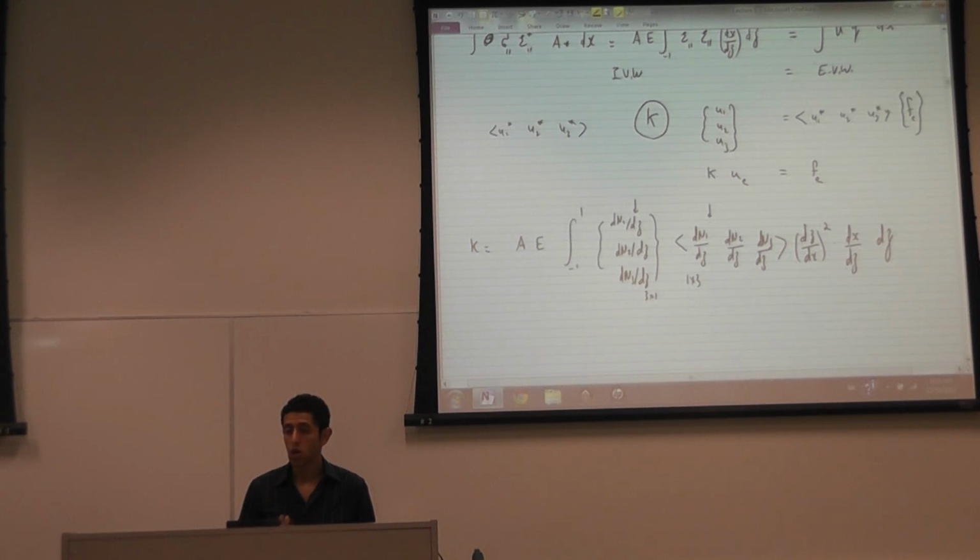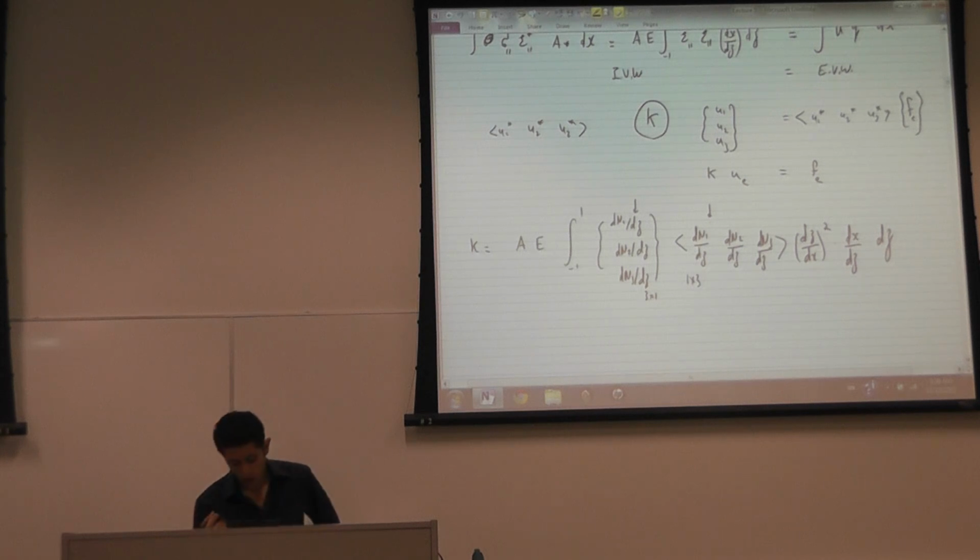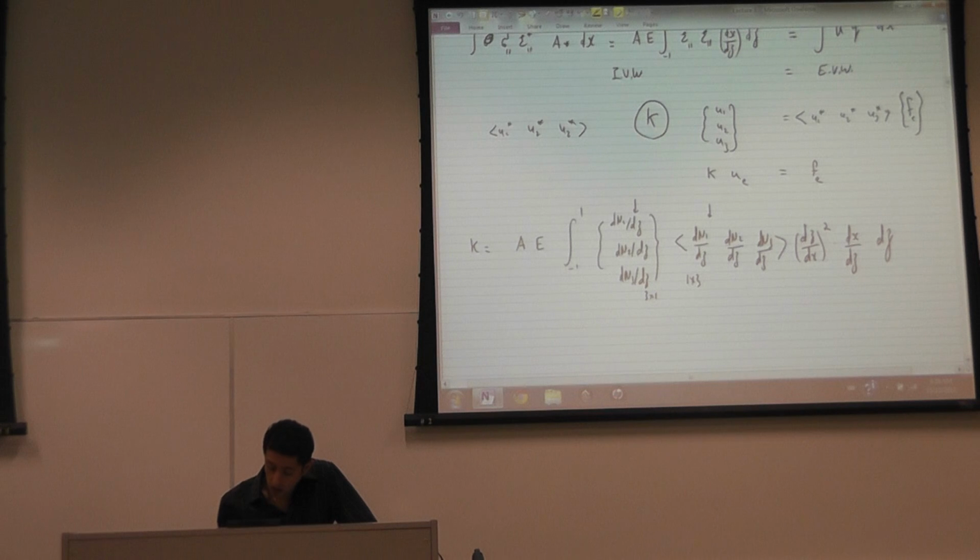These numbers are constant for the element. These shape functions are constant. These will never change. These are engraved. The only thing that will change according to the element is this number, which is basically dxc by dx.